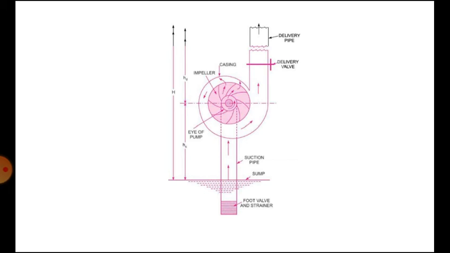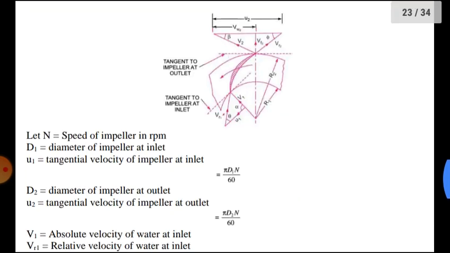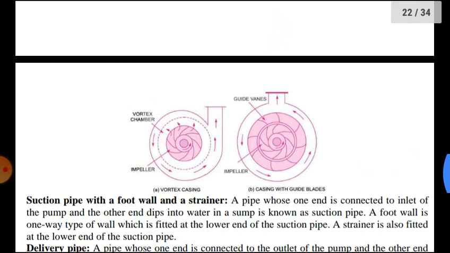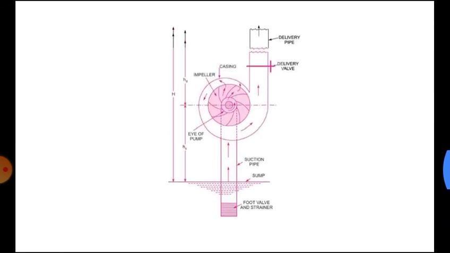From the datum level, the height below the impeller is Z1. That is the total head at entry.